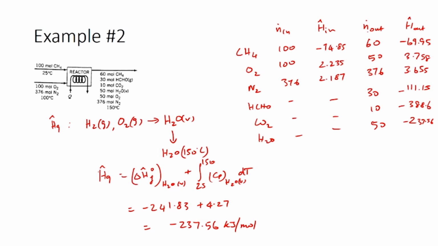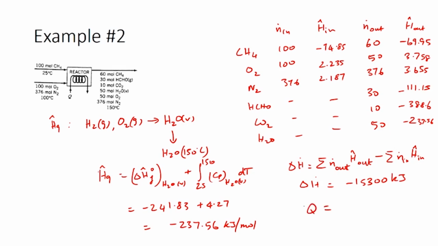and similarly you can calculate the total enthalpy of the inlet stream, and the difference between the two can be your delta H dot, which would basically be sigma N dot out times H cap out minus sigma N dot in H cap in, and this value delta H dot is equal to minus 15300 kilojoules, and we already have Q dot, which is the heat supplied or removed, would be also equal to the delta H dot, and finally the value is 15,300 kilojoules.